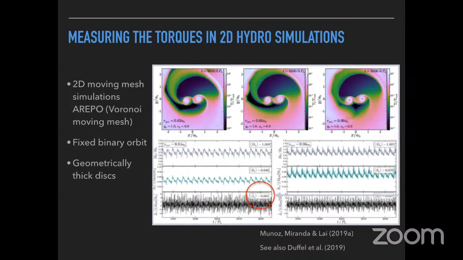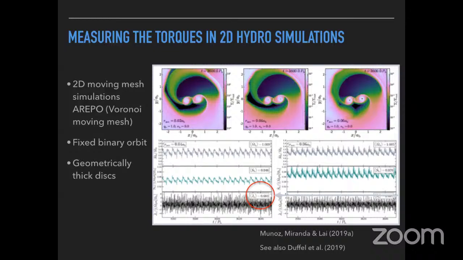And they find, well, these are very noisy plots and probably also a bit out of focus, sorry. But this is the accretion rate onto the binary. This is the spin contribution, which is basically negligible. This is the total torque. And basically the average of the total torque onto the binary is positive.